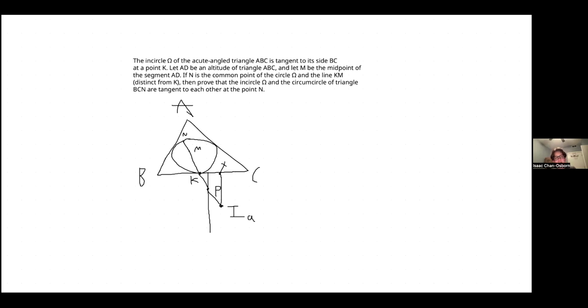So in order to prove that NBPC is cyclic, we must prove that NK times KP equals EK.